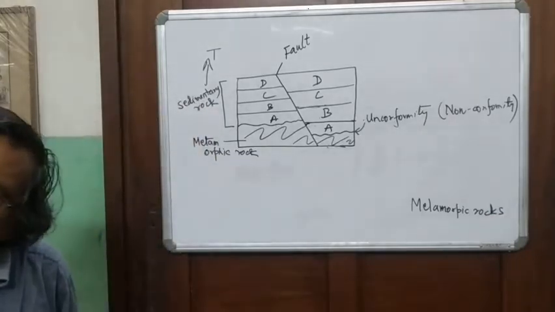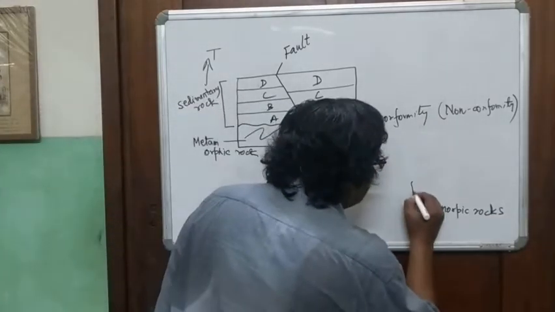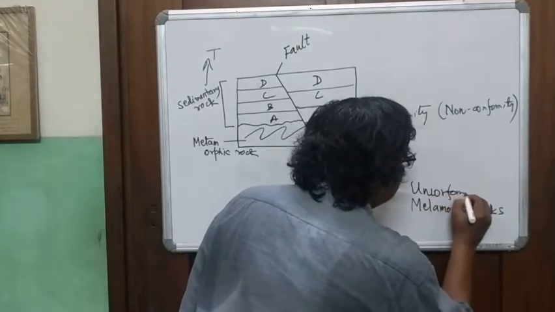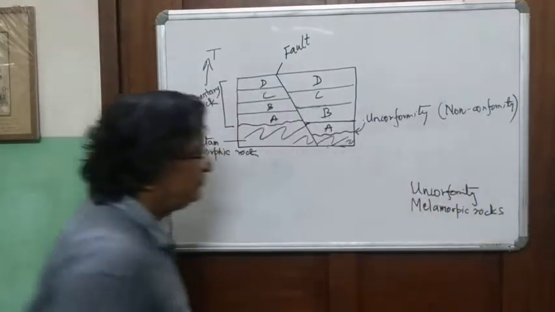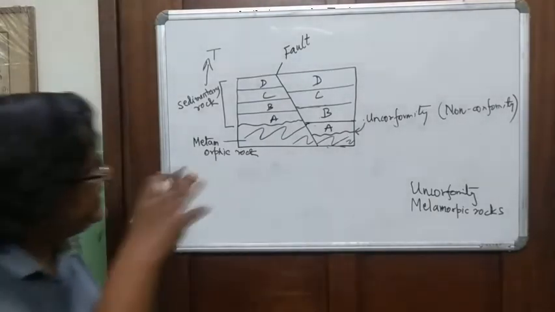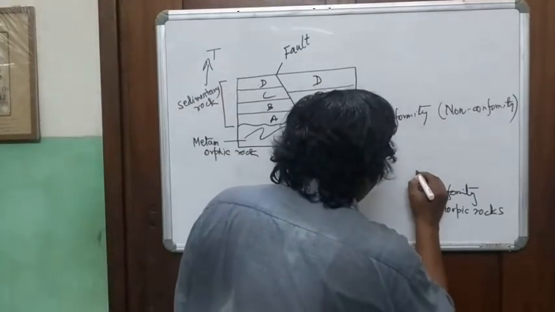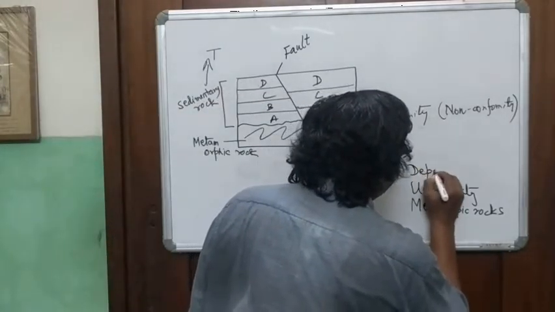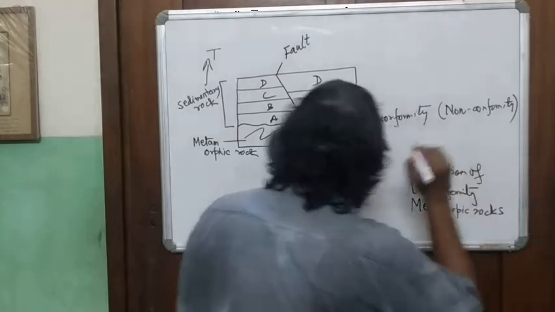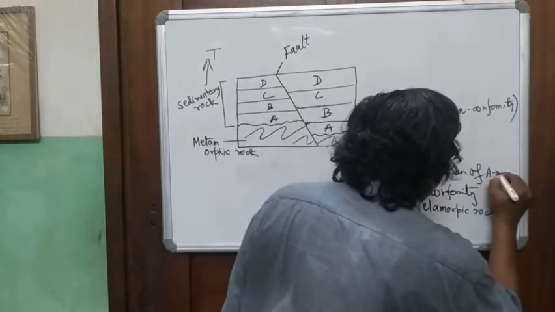Then what happened? There was an unconformity. There was erosion, the unconformity. Then there was deposition of A to D.